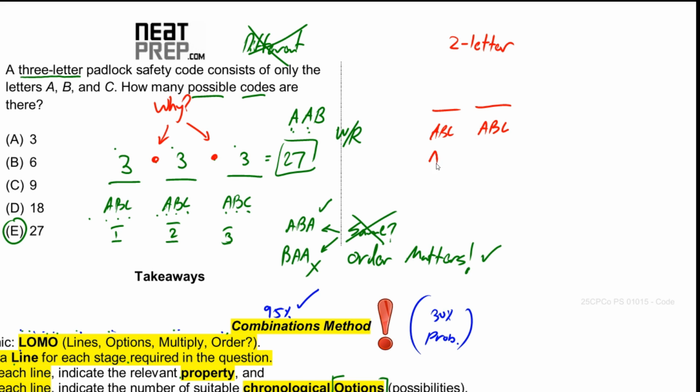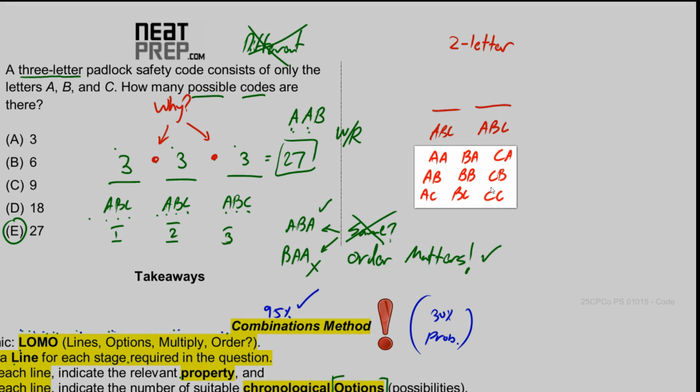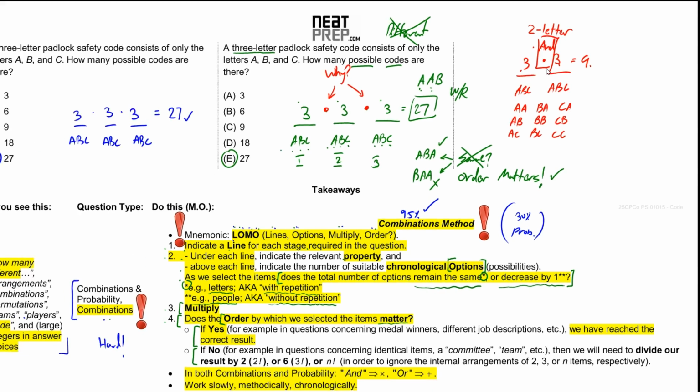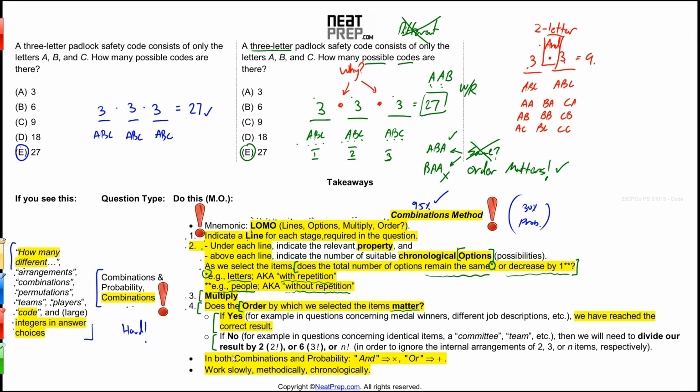These would either be AA, AB, AC, BA, BB, BC, or CA, CB, CC. 9 options in total. So from 3 options and 3 options, we get to 9 options. How do we get from 3 and 3 to 9? By multiplying. In combinations, and equals multiplication.